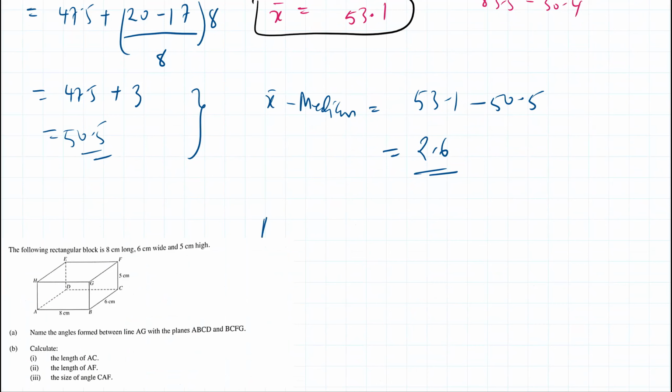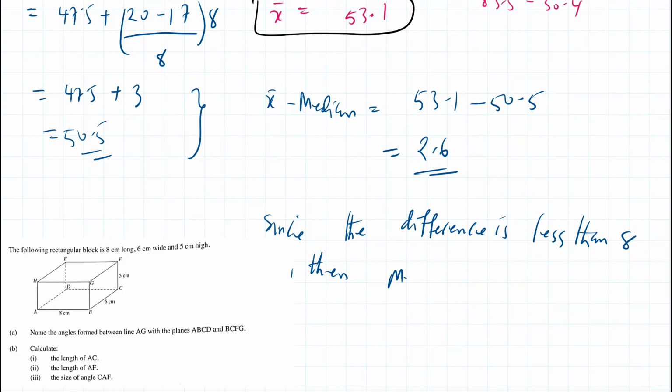So we can say that since the difference is less than 8, which is the class size, the mean and median are in the same class, and they reflect the concept of central values.